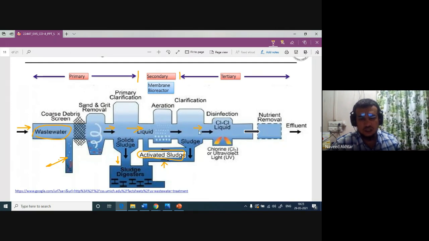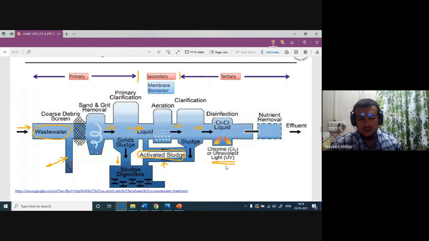Then the treated water from this process proceeds again to clarification, and here the foam and other suspended solids are separated at the clarifier. Then the wastewater is forwarded for disinfection through chlorine or ultraviolet (UV) light.